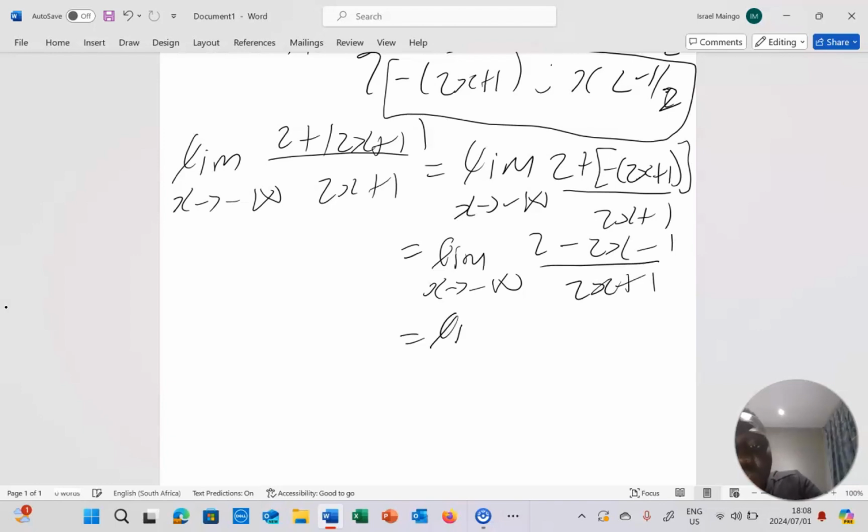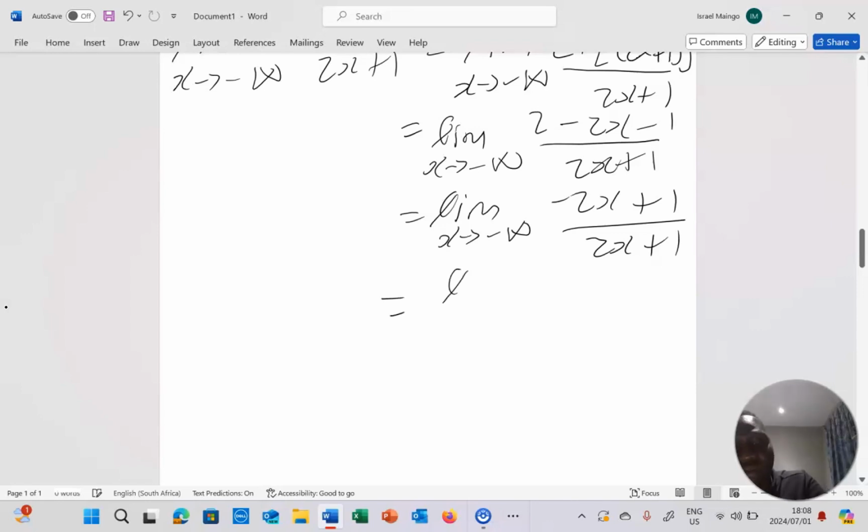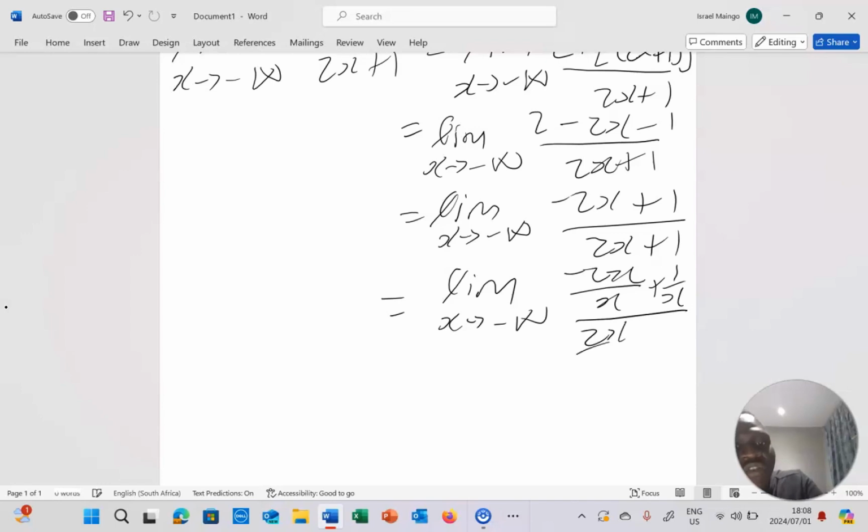So this will be the limit as x approaches negative infinity of minus 2x plus 1 over 2x plus 1. We'll do the same. We'll divide by the power with the highest index in the denominator, x. So this will be negative 2x over x plus 1 over x all divided by 2x over x plus 1 over x.